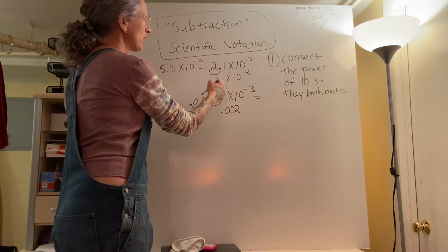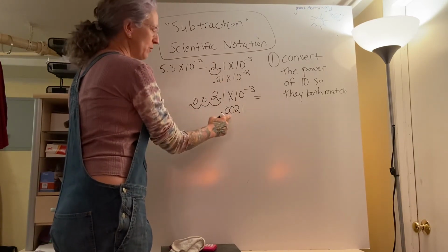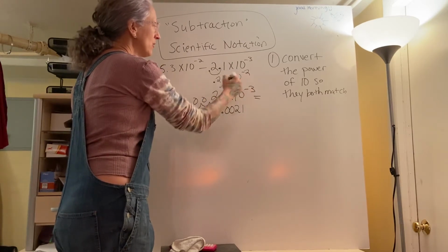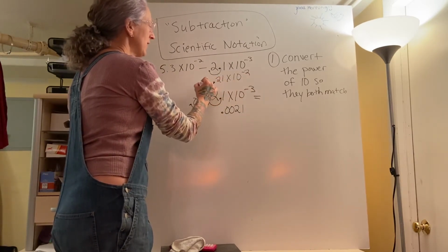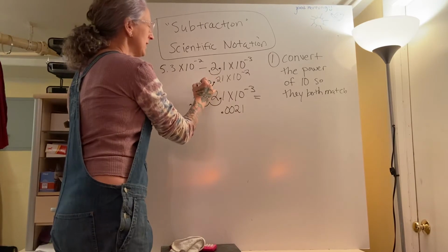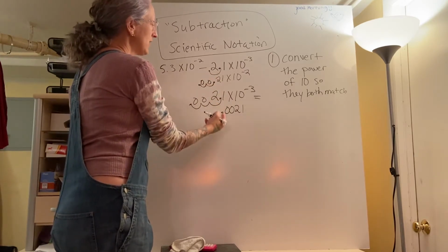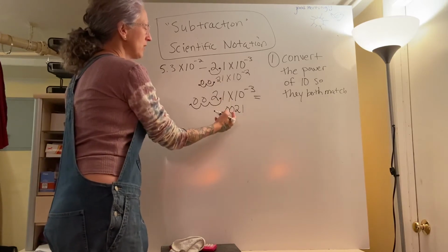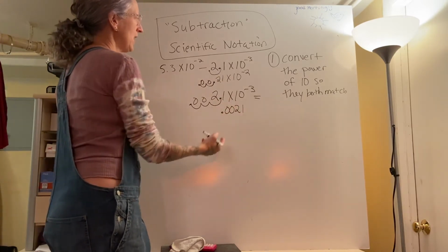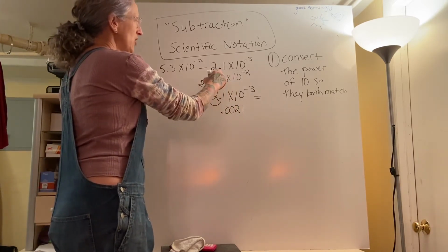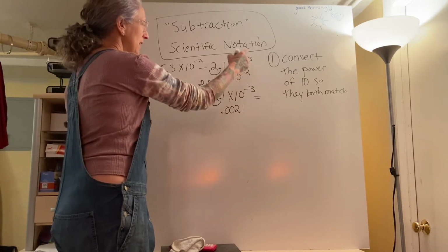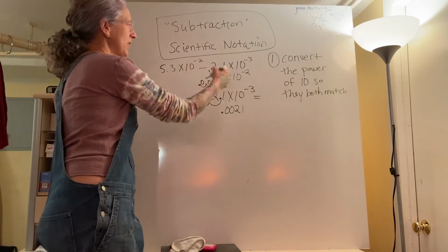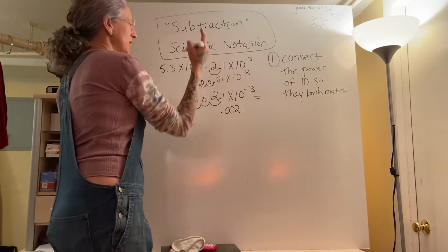I want to make sure that this number also equals 0.0021. And this is now -2, so that means I move it 2 places to the left. So if you notice, these are the same number, 0.0021 and 0.0021, okay? So I have successfully changed this to a -2 power to match this one, because this one is bigger. So I want to take this one, match it to this one.